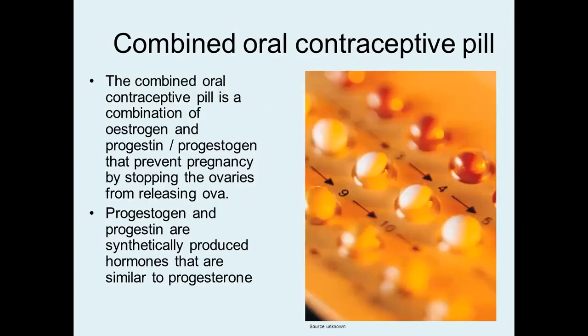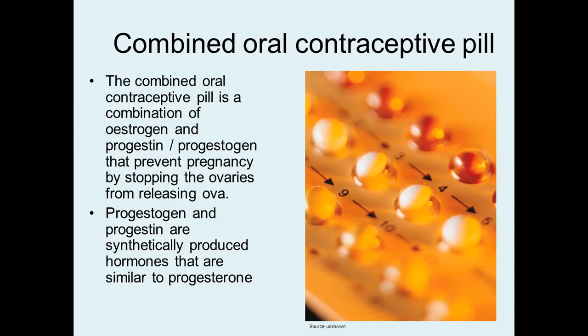Okay, there are 2 kinds of pill. The combined oral contraceptive pill is the type that was first invented. So it's been around for much longer than what is called the mini pill. And the combined oral contraceptive pill is a combination of two hormones, estrogen and something called progesterone or progestogen, which is artificial progesterone.